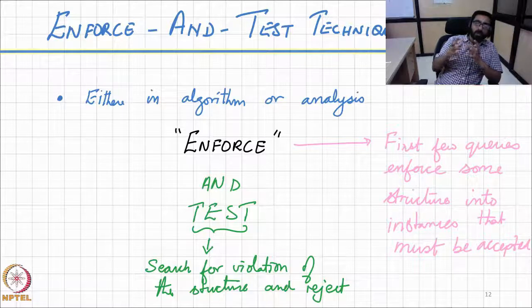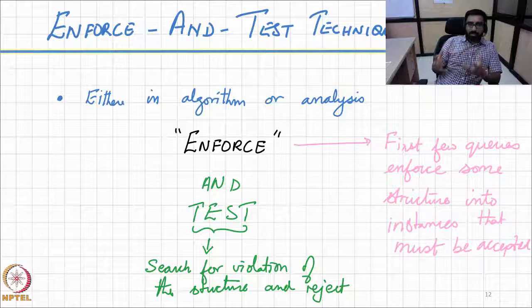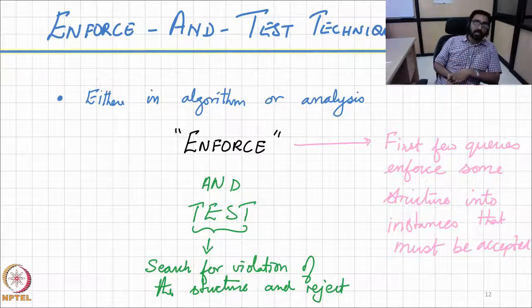In other words, we are searching for violations, because once the structure is established, then it becomes easier to test and find out ways in which that structure gets violated. And if it gets violated, well, we know the answer. We have to reject that instance. But if it is not violated, then we accept. This is the general approach we take in the enforce and test technique.